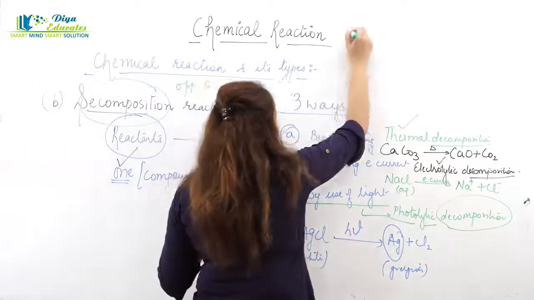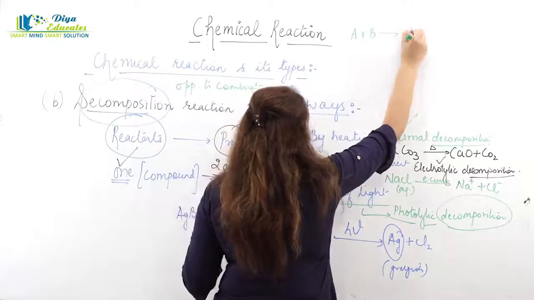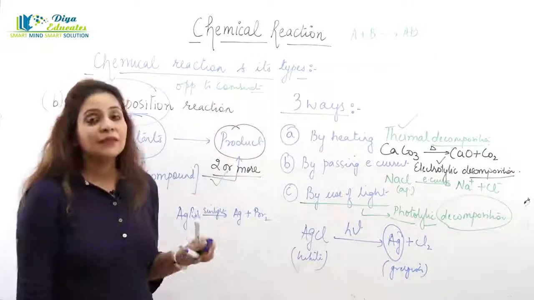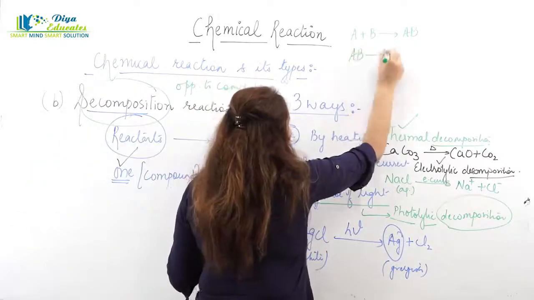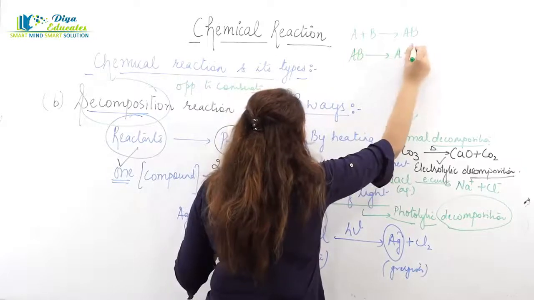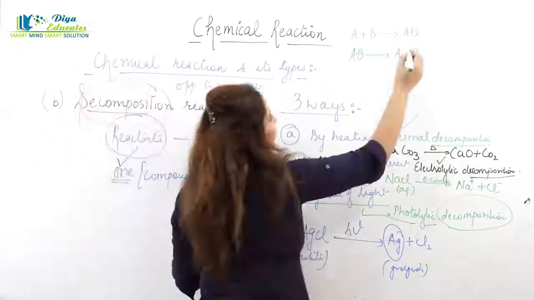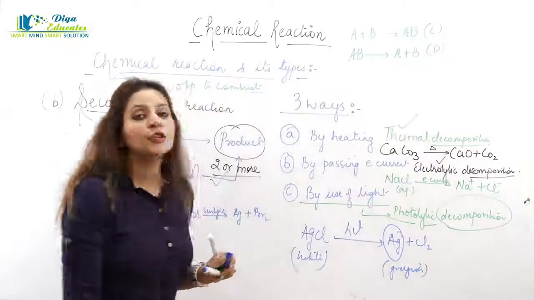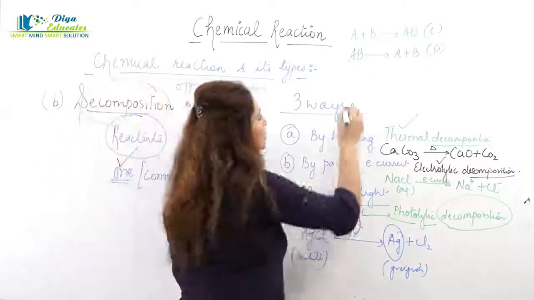In combination we have 2 or more reactants giving rise to a single product. But in decomposition, we have a single reactant breaking down to form 2 or more products. So you can see that combination is just opposite to decomposition reaction.